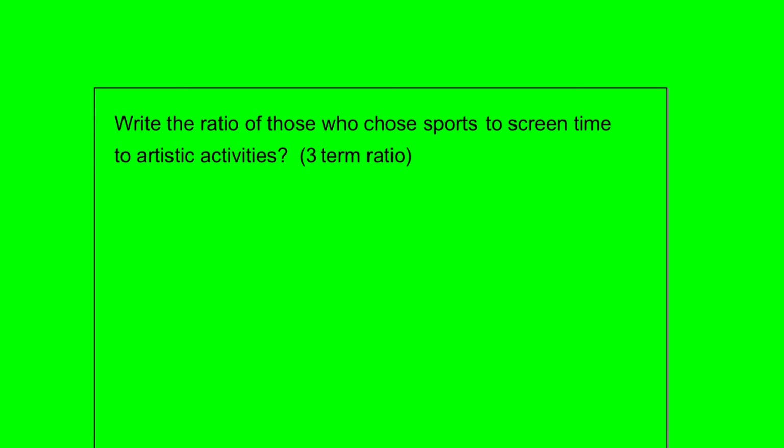This question says, what's the ratio of those who chose sports to screen time to artistic activities? Well, those who chose sports was 8. Screen time was 8. And artistic activities was 4. And the order matters, right? It has to be sports first, then screen time, and then artistic activities.